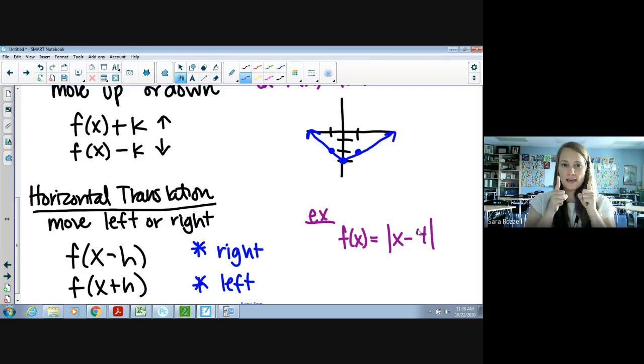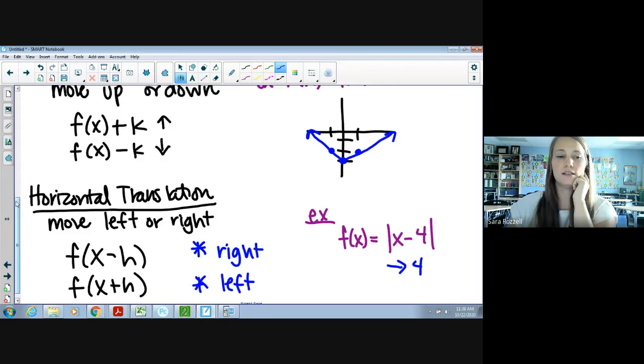Okay. And minus tells us that we're going which way? To the left or to the right? So are we going left or right? We're going to the right. Okay. So we're shifting this absolute value graph right 4 units.